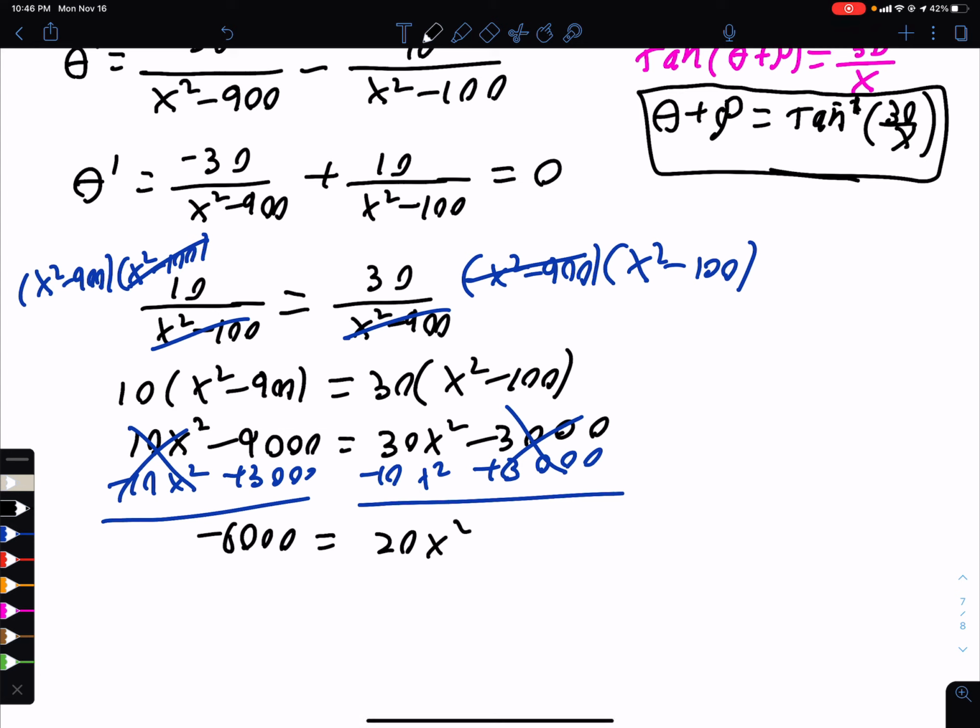I'm not liking that. I must have made a sign error somewhere, because that's not sounding right to me. Should be positive 6,000. Somewhere a mistake was made, and I'm too tired to find it. It's somewhere. Hiding.